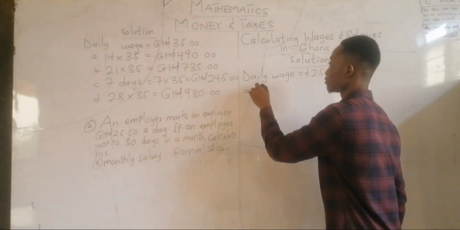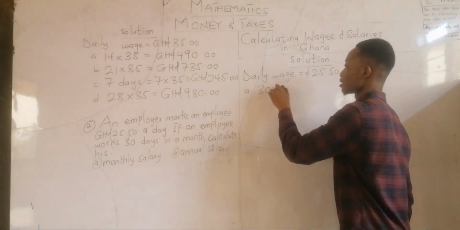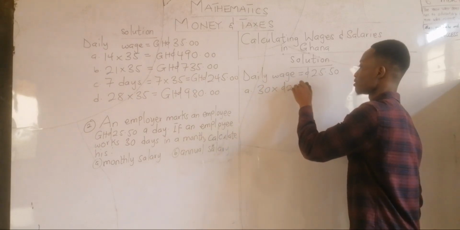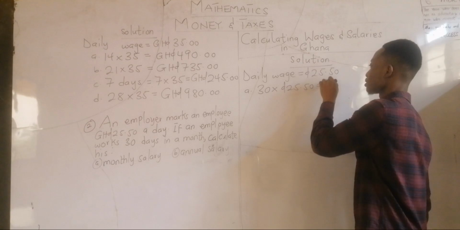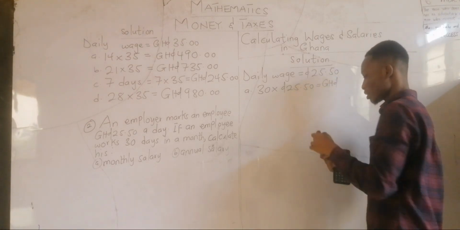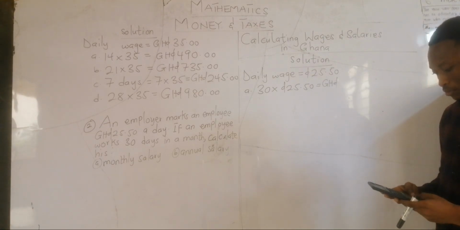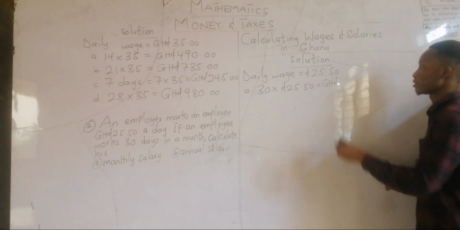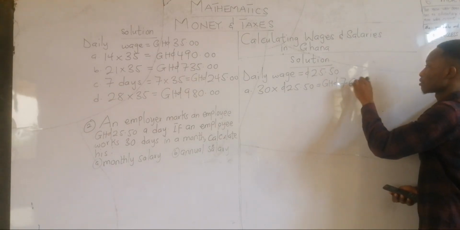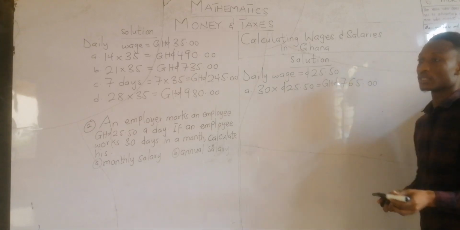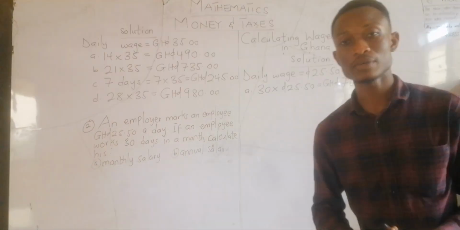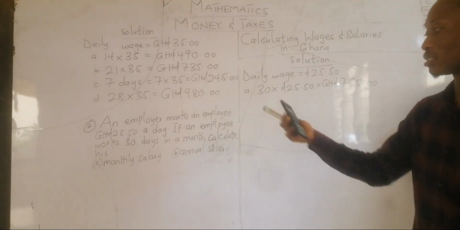So we are going to have 30 times 25.50. That will give us 765 Ghana cedis. So for the month, he or she is taking 765 Ghana cedis.